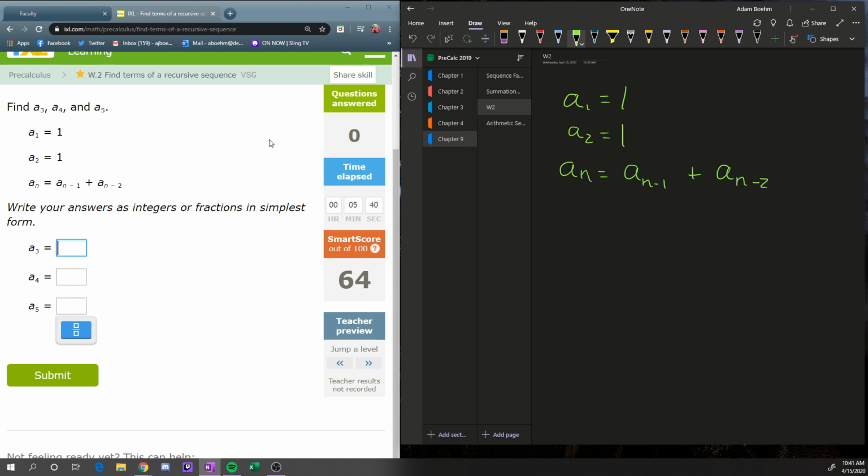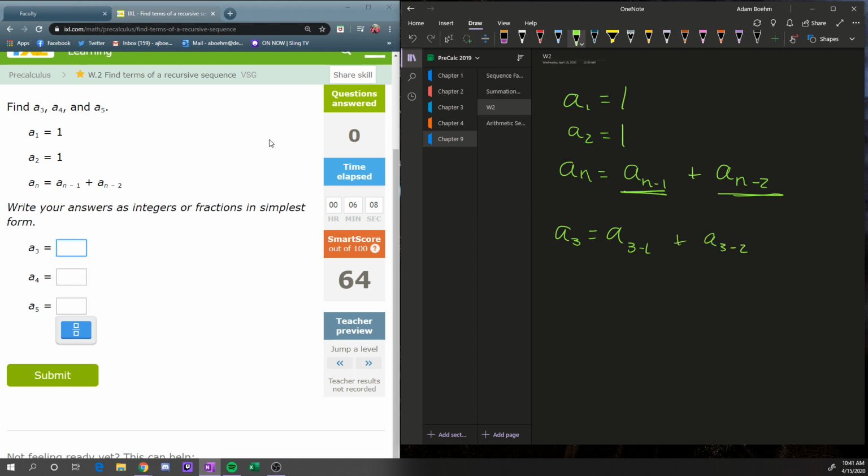So what this rule says is that a_n, the nth term, is the sum of the term just before it. So the term before n, that's a_(n-1). And then a term before that, which is a_(n-2). So our third term is a_(3-1) plus a_(3-2).